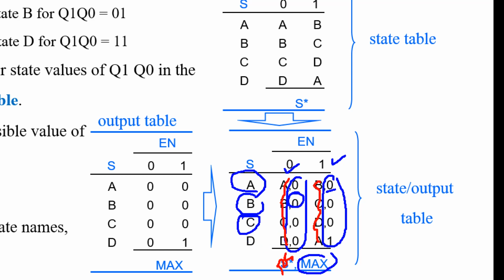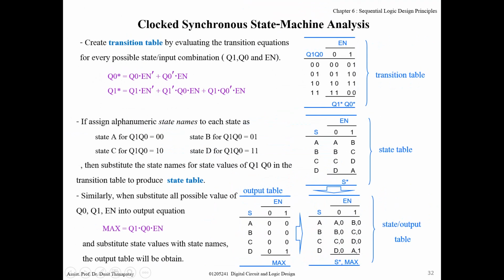At state C, when input enable is 0, the output is 0. And at state D, when input en is 1, the output is 1. Something like this. Just focus only on the column of the output, and ignore the column of next state.